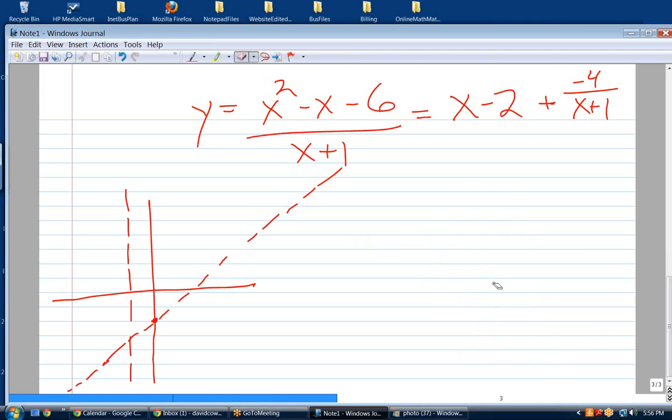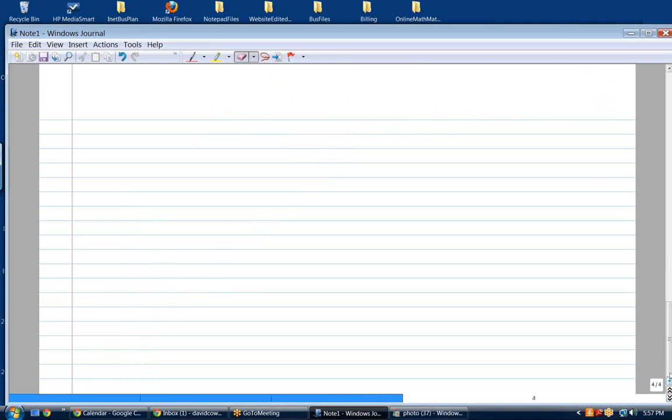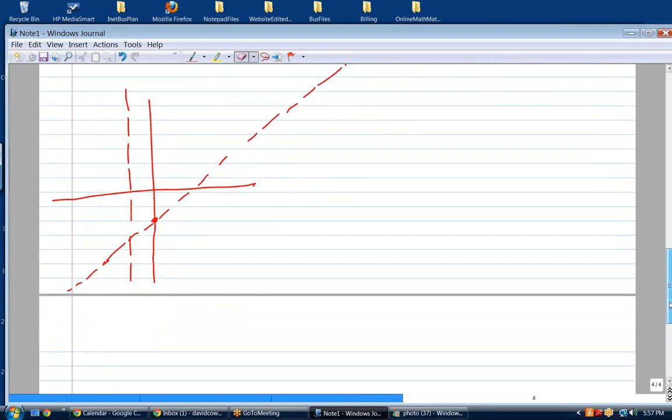Let me think for a second what we have to do here. This is going to plot one of two ways. I'm going to draw the two possible ways that this could graph.